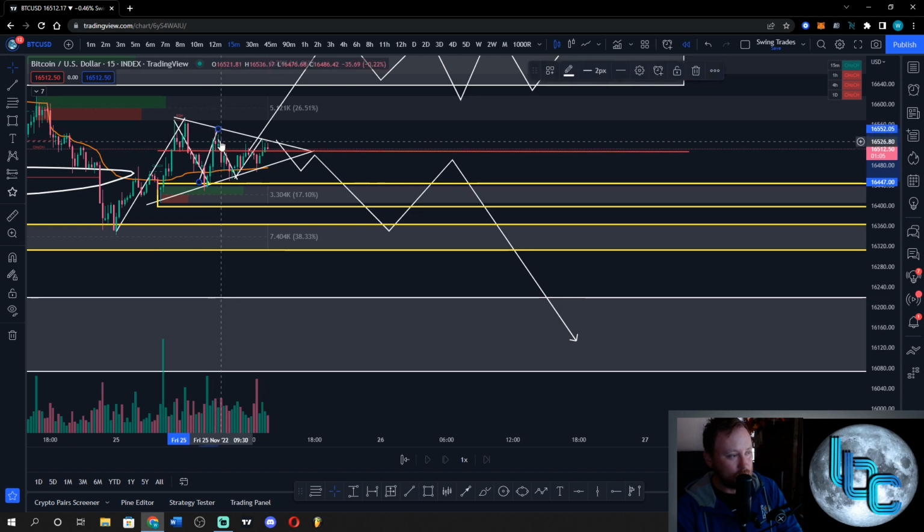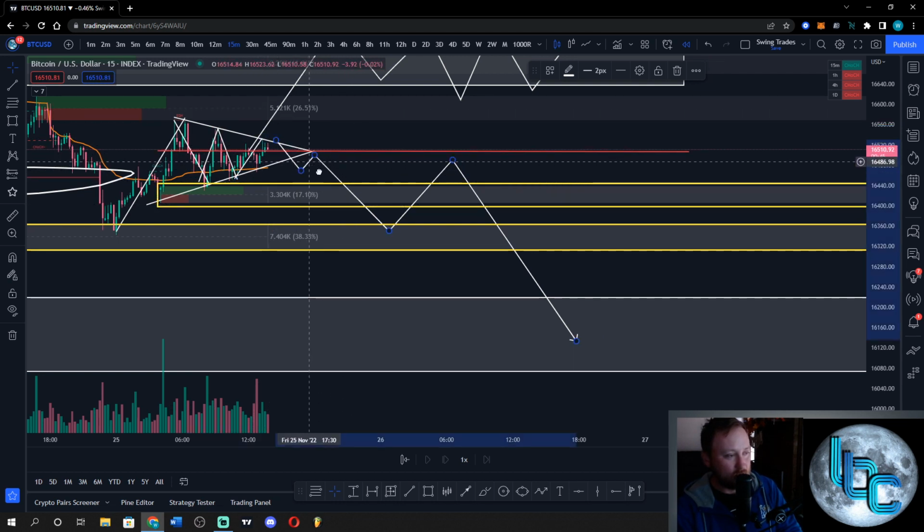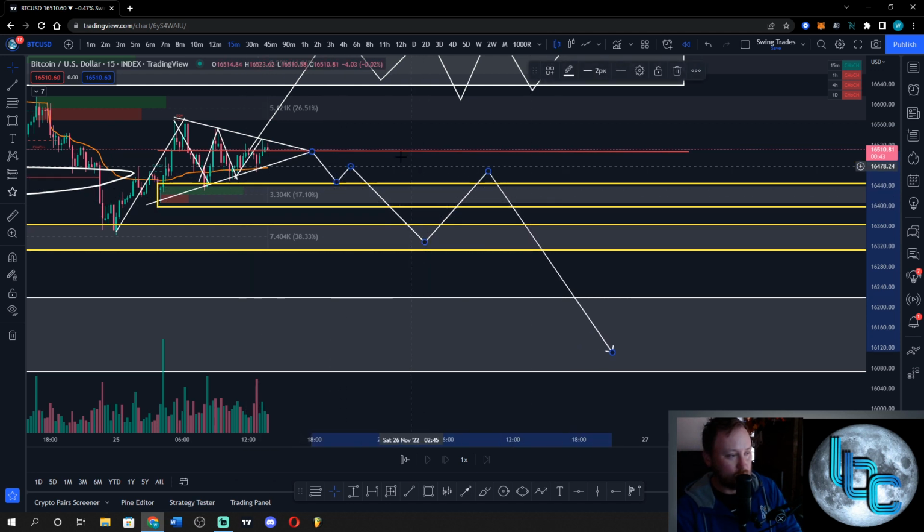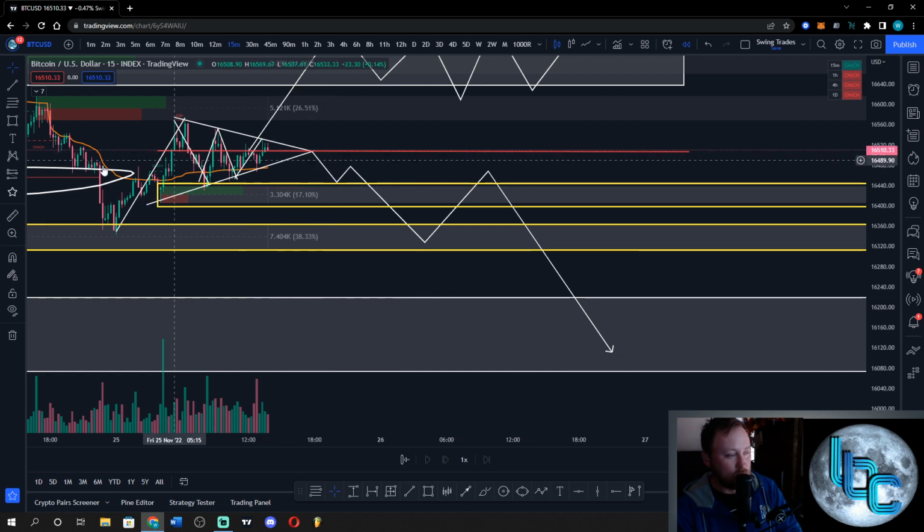And so the middle point within that range is going to be a very high level of contention, and it's going to be the deciding factor of whether or not people want this price to go lower or go higher from this area. My prediction right now is that the price is going to go lower. We might come all the way over to the end of the apex, and we could even see price move above it and then come down, or below it and then come up.